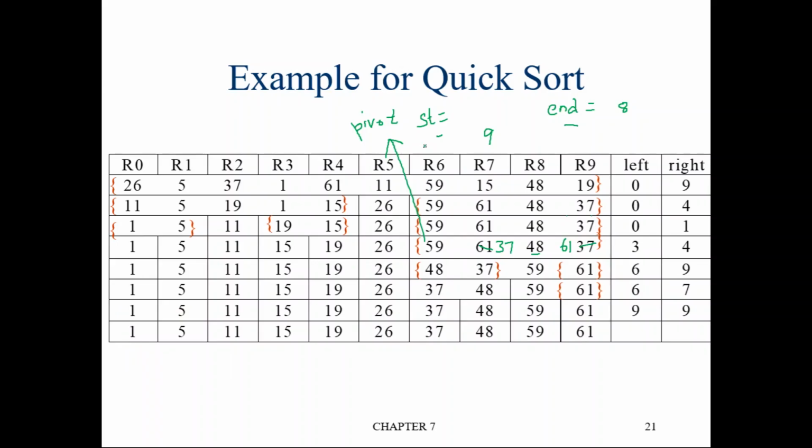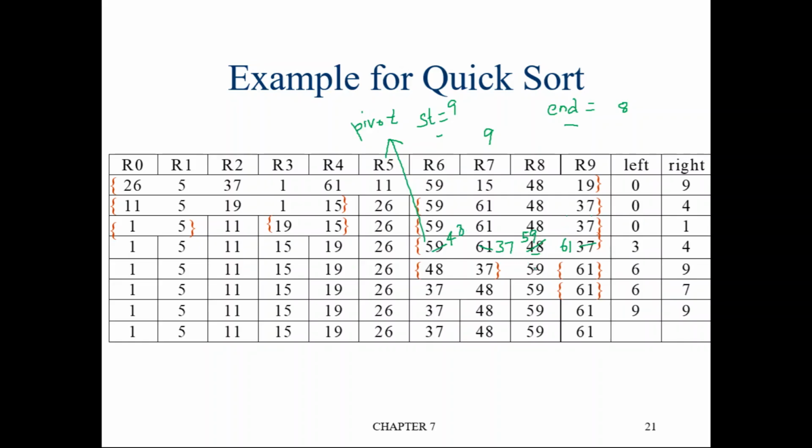If start is greater than end, then the element at end location, end is 8, should be swapped with the pivot element. So this will become 59 and this will become 48. So that is how you got here.